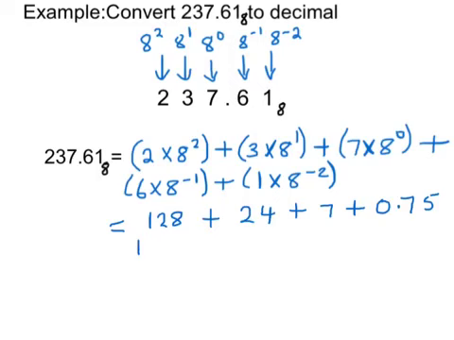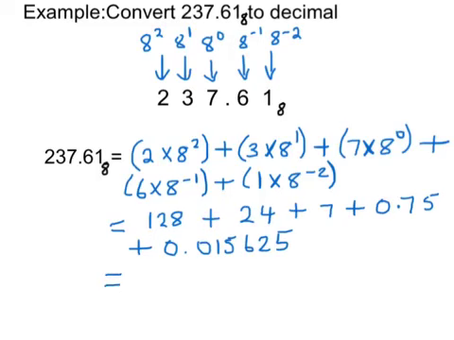And lastly, if you work out 8 to the power of minus 2, you can use the power button on your calculator, the y to the power of x button, or else what you can do is 8 to the power of minus 2 is 1 over 8 squared, which is 1 over 64, and 1 divided by 64 is 0.015625.